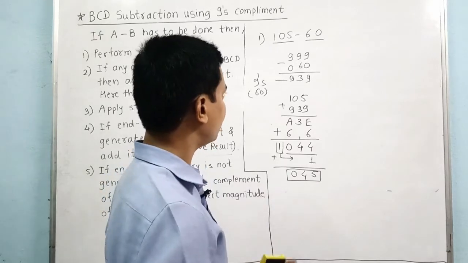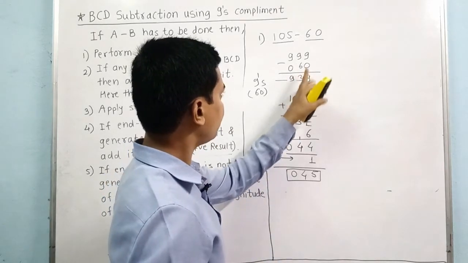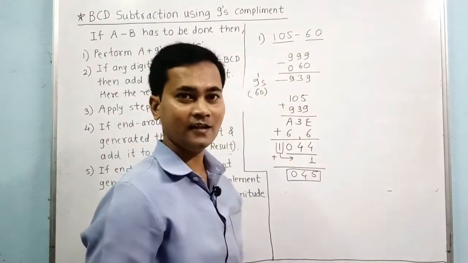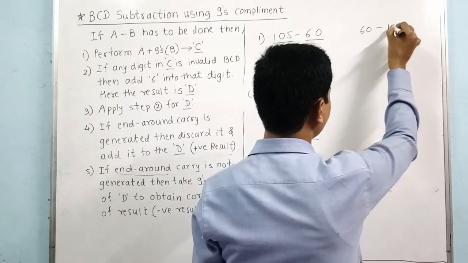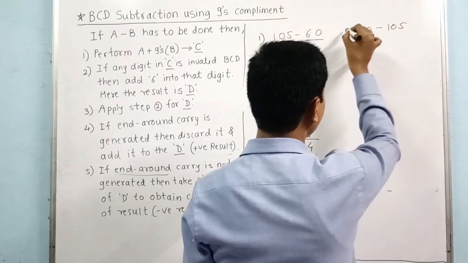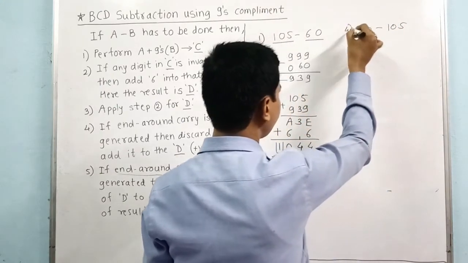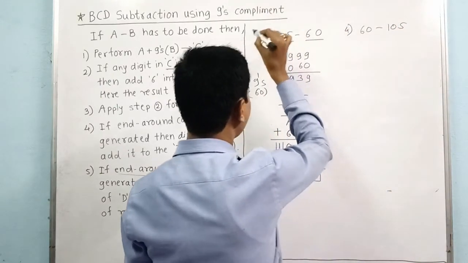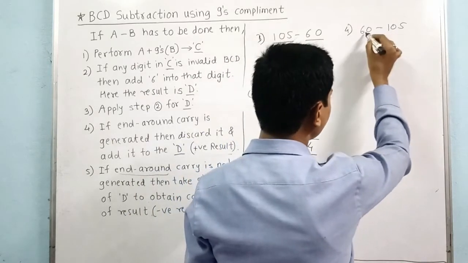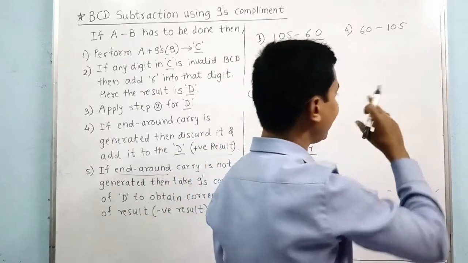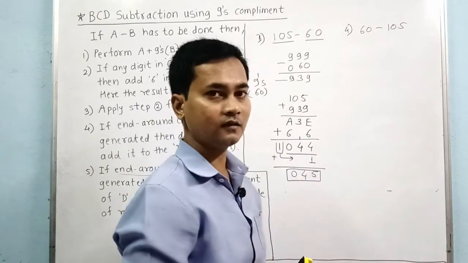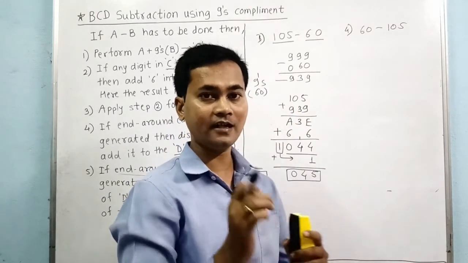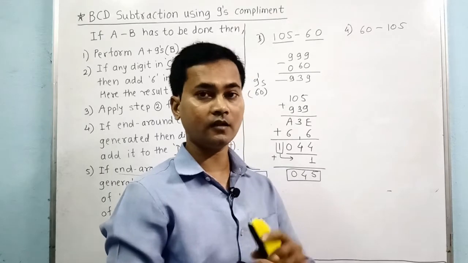Okay, now consider we want to perform 60 minus 105. Then what will happen? We will check now. 60 minus 105. So this is our fourth example, and the previous one was our third example. So the number of digits of minuend and subtrahend should be equal, and according to that we will subtract each and every digit of the subtrahend from 9.